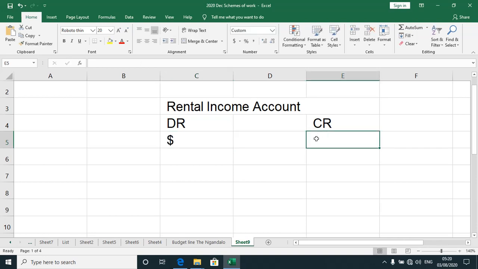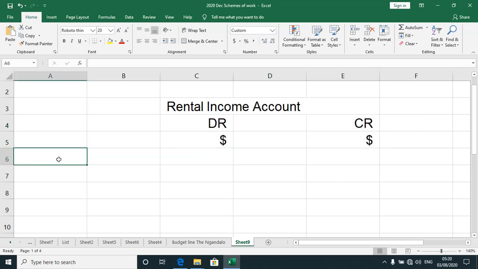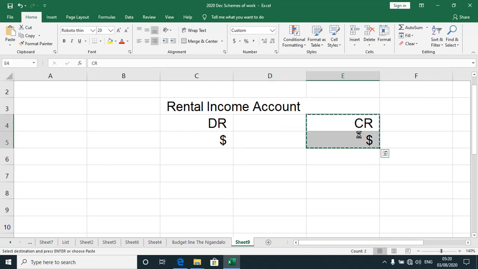I'll push these amounts on the other side. I'm just going to show you what we do so that you know what it is that you need to do as well.